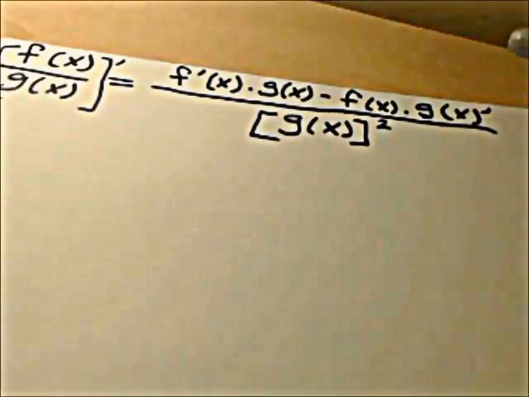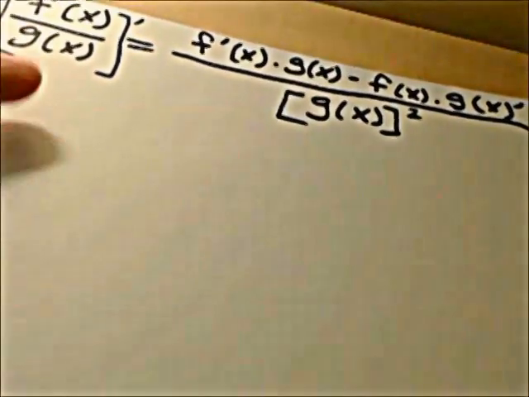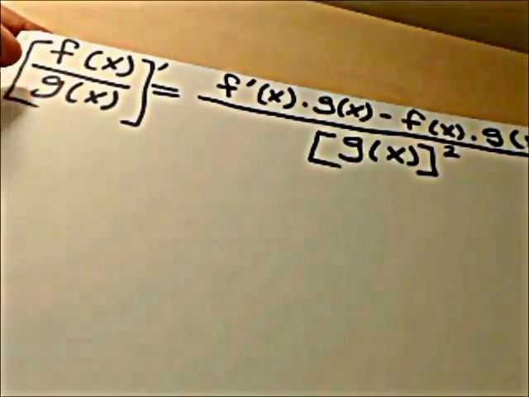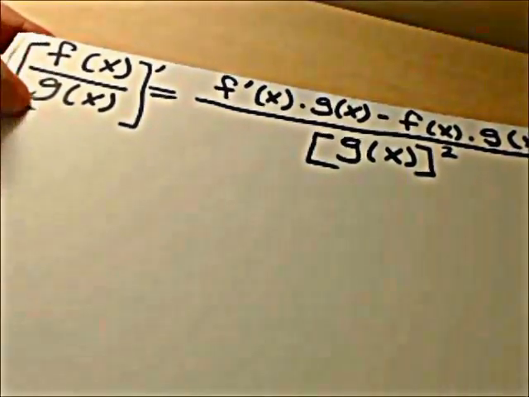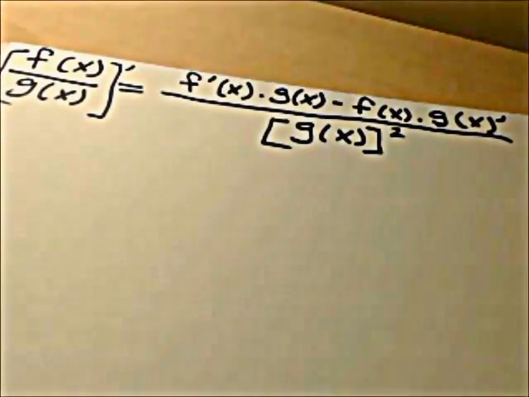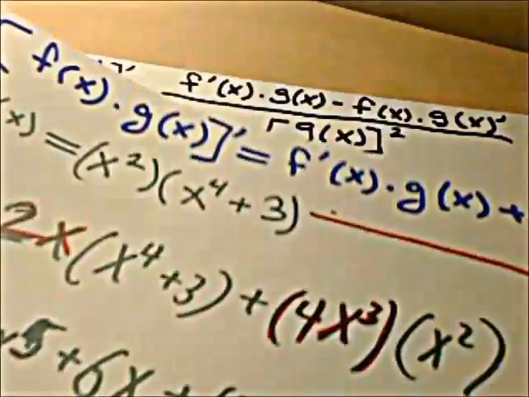So basically what you're saying here is: take the derivative of this times that, minus the derivative of that times this, over this squared.